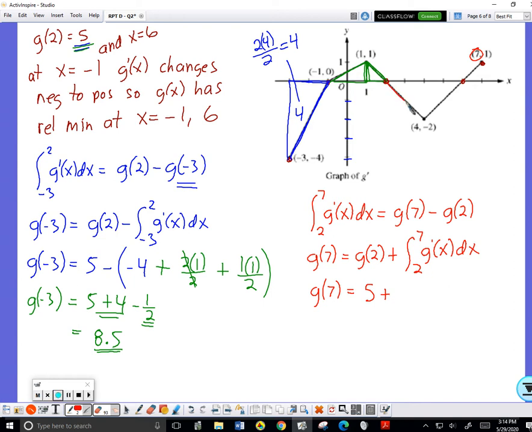From here, g prime is all negative. This is 2 times 2, half of that is 2, so that's going to be negative 4. For this little section, g prime is positive. It's a triangle. 1 times 1 is 1, half of that is 1/2. So this is going to be 1 1/2. Now I just need to write down the answer.